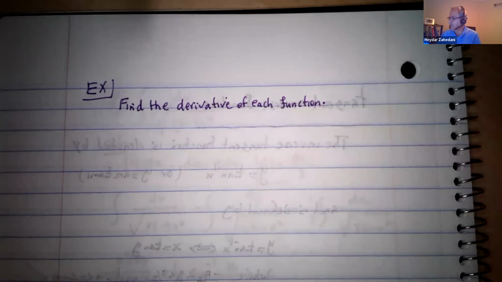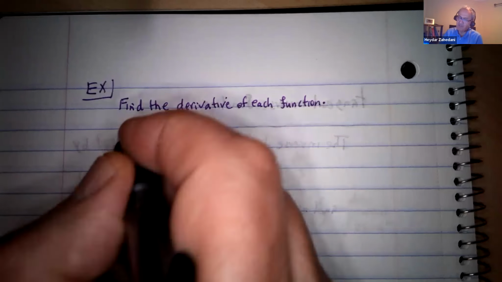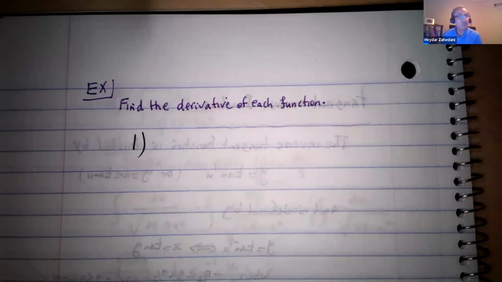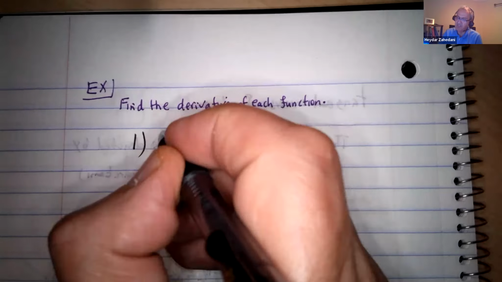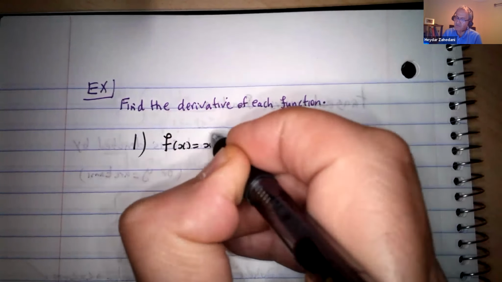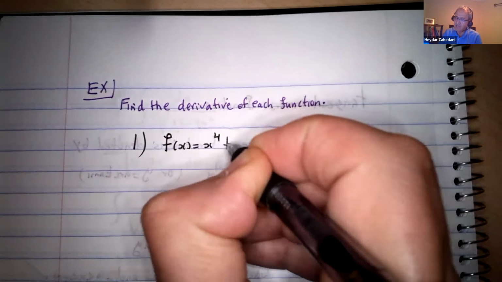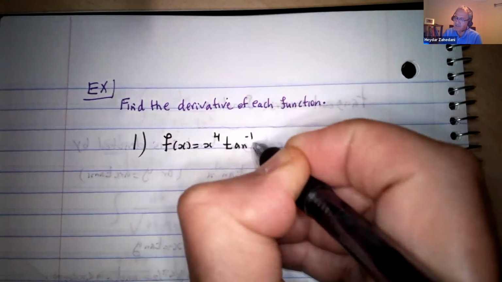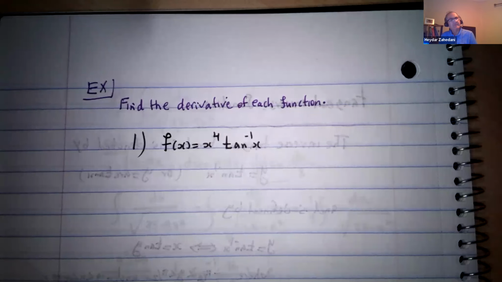So the first one, no chain rule, it's just the powers of x, something like x to the 4th tan inverse of x. There is no chain rule involved, but you have to use the multiplication rules to get these numbers.